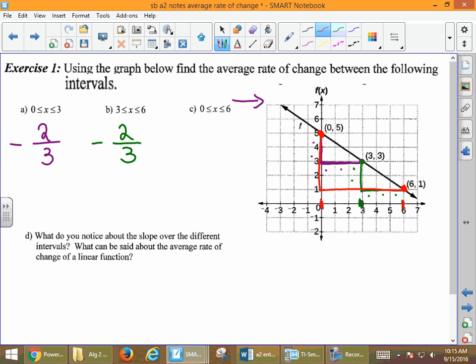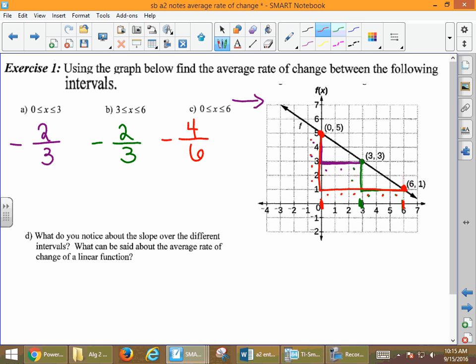So we rise 1, 2, 3, 4. We run 1, 2, 3, 4, 5, 6. Our line, coming from the left, is going downhill. This is still negative.